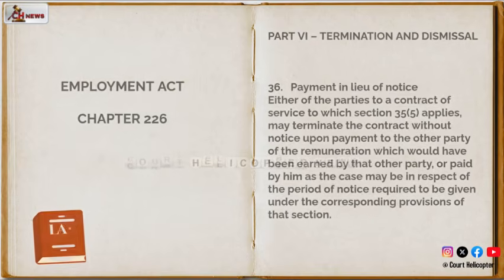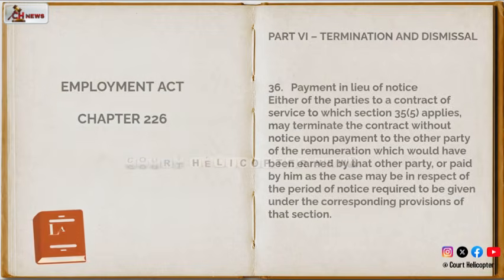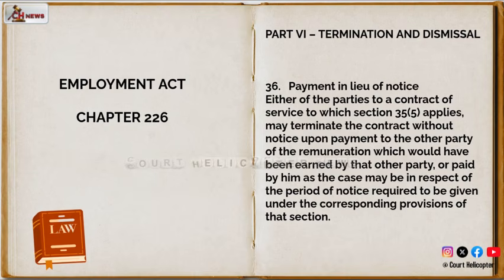You will have to pay. If you fail to give 1 month's notice, you will have to pay your employer 1 month's salary. If your employer terminates the contract without a 1 month notice, the employer must pay in lieu of notice. It is called payment in lieu of notice.